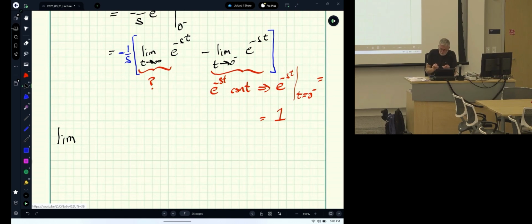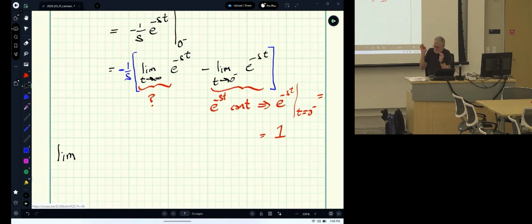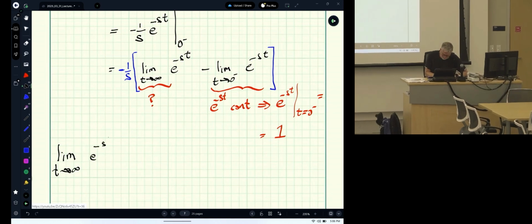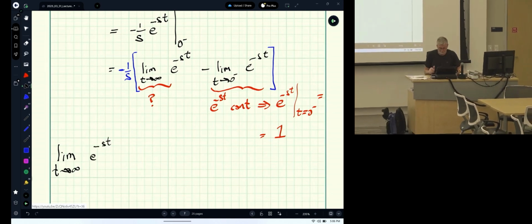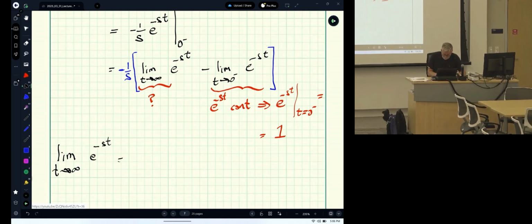And then, once we've done this kind of limit twice, we're going to go, got it! I don't have to do that again, okay? Limit as t goes to infinity of e to the minus st. Limit, t goes to infinity, of e to the minus sigma plus I omega t.